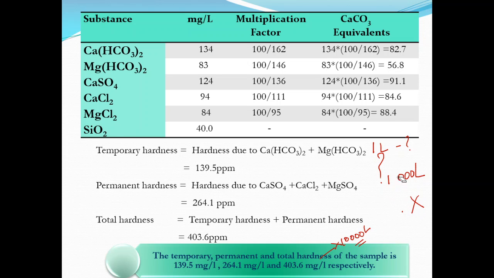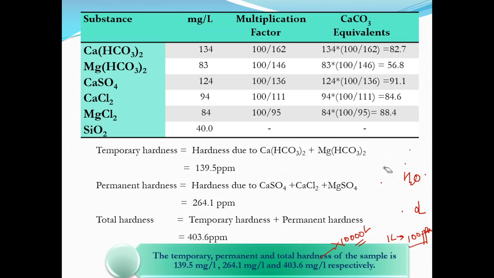So just revising the fact that hardness is not proportional to the volume of water. Obviously if you have a jug which contains 10 liters of water, and it is 100 ppm hard, and now if you take one glass from this jug, that would also be 100 ppm hard. If you take 1 liter or 2 liters or 3 liters, whatever amount you take from this water sample, the hardness remains the same.